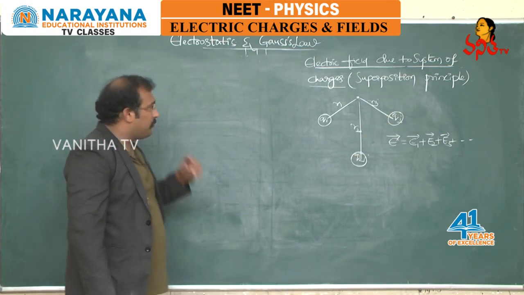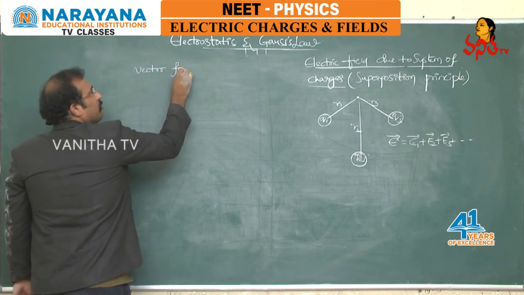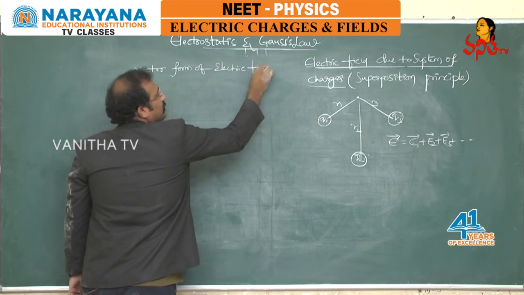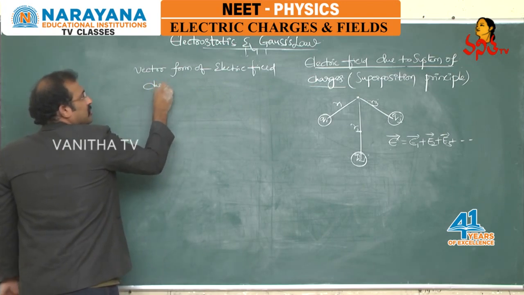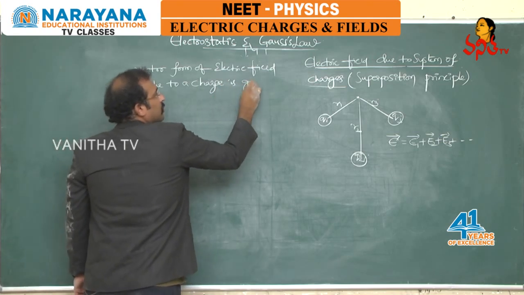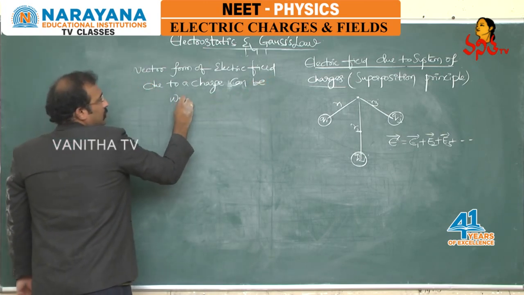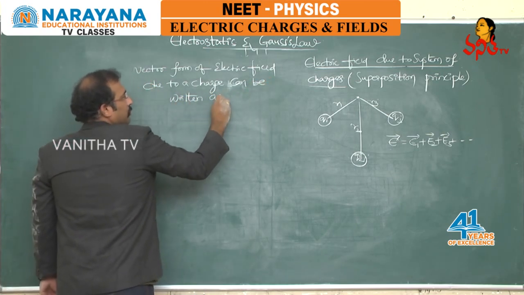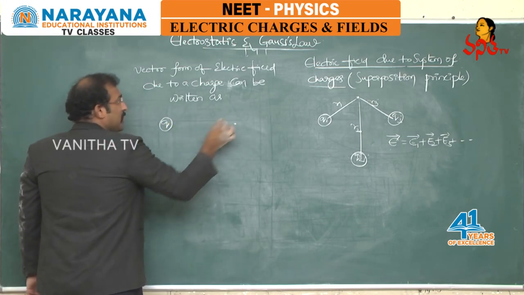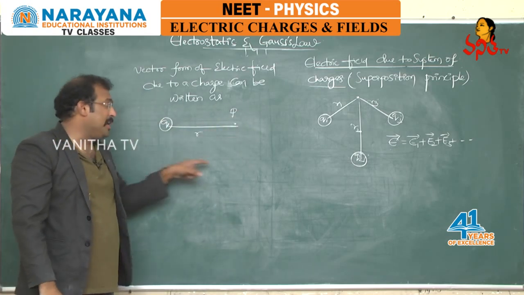So we will write this in vector form. The vector form of electric field due to a charge can be written as follows. Now consider a charge Q, and a point P which is at a distance of r from the charge that produces the field.